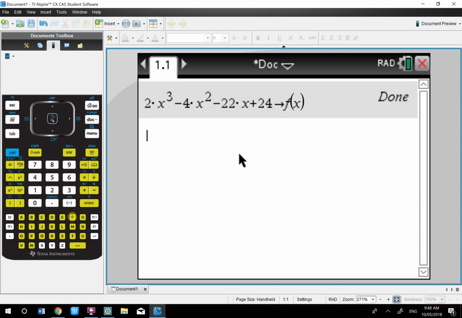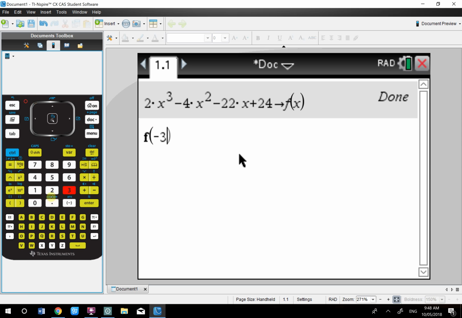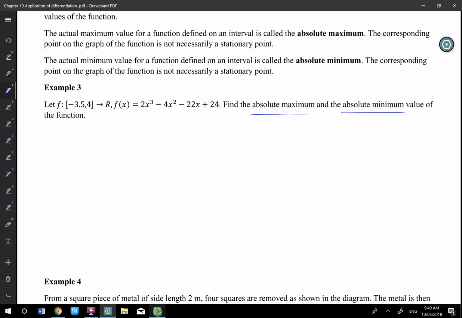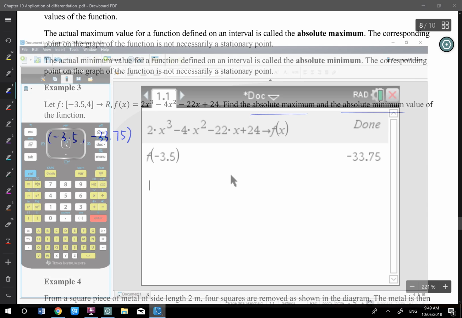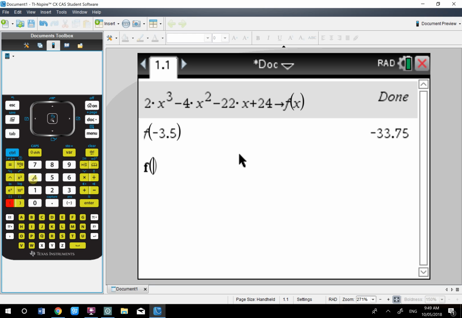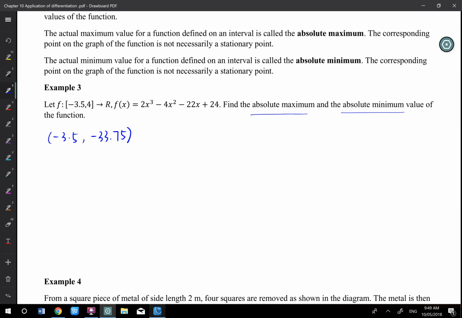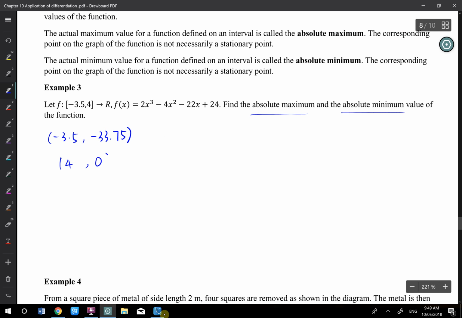So I'll put f of negative 3.5, which is negative 33.75. I'll write down this one. And for 4, f(4) equals 0. That's the other endpoint. Those are the two endpoints.